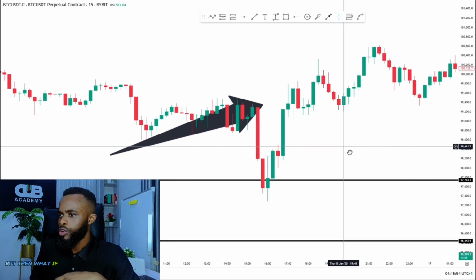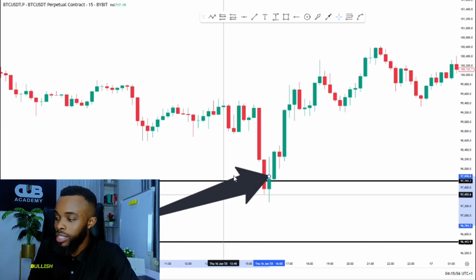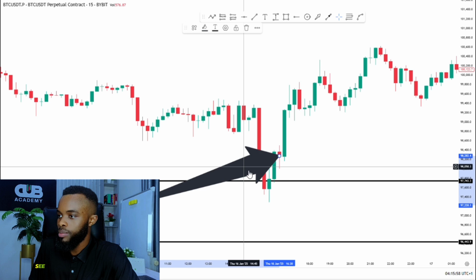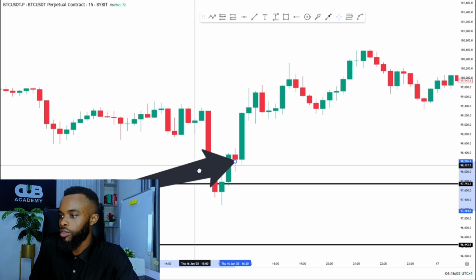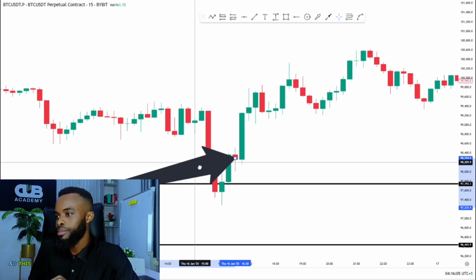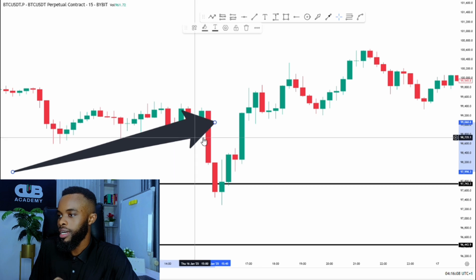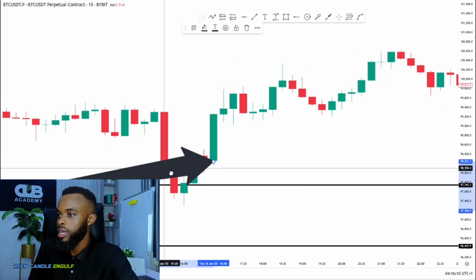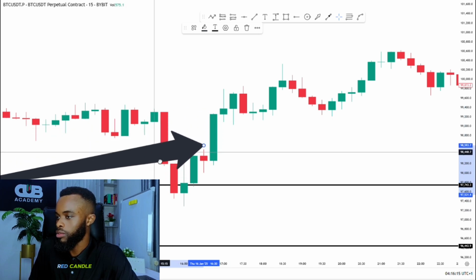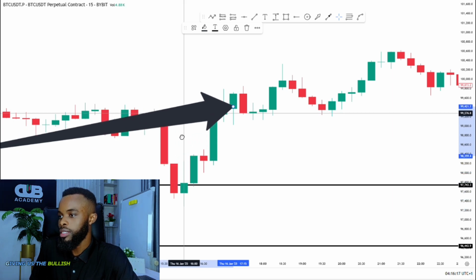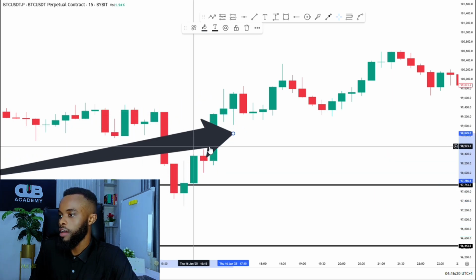But what if you spot the bullish engulfing here? See the bullish engulfing, and it's currently resting on the key demand level, or support level. This green candle engulfed the previous red candle, giving us the bullish momentum that buyers have taken over the market.